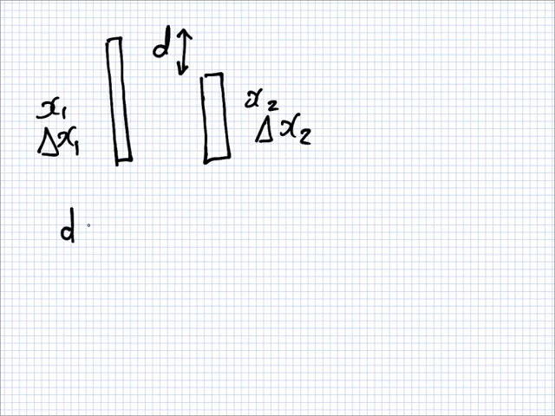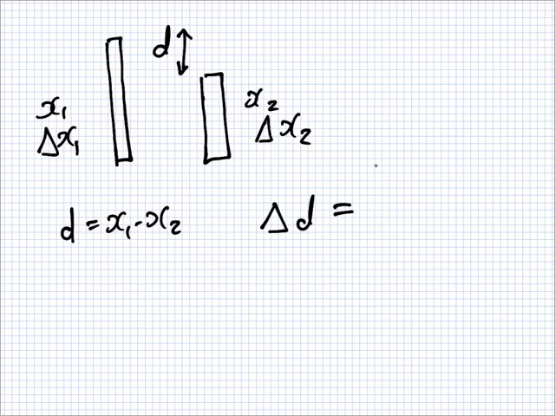So we want to know what the difference is. What do you think the error would be here? Would it be x1 minus x2 over 2? No, not this one.